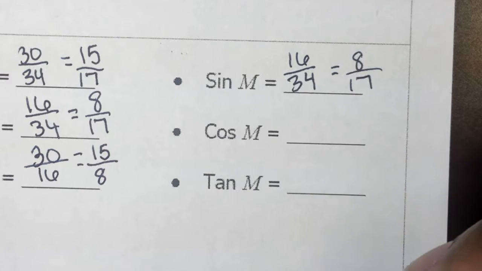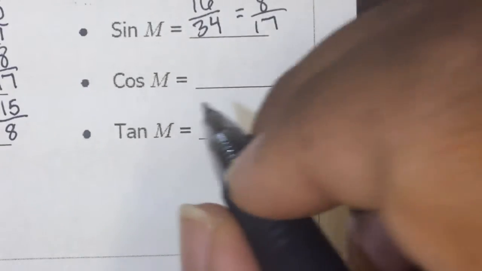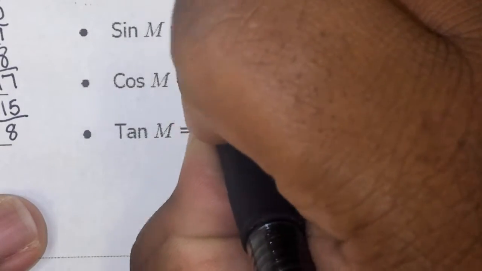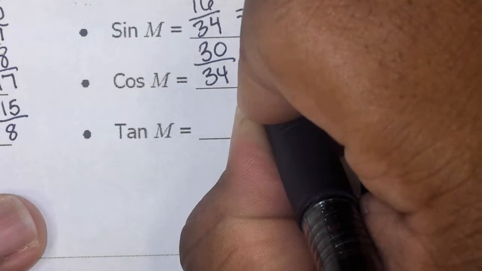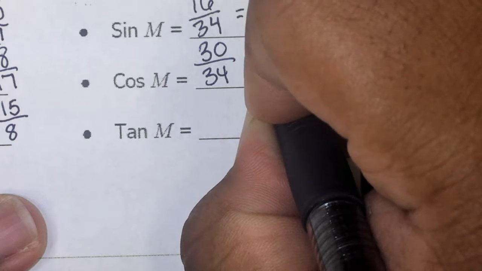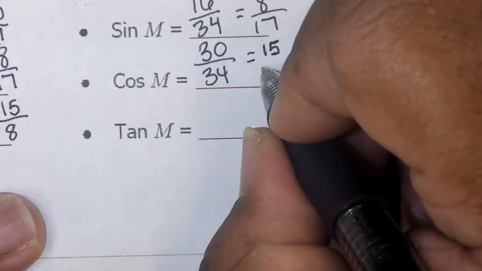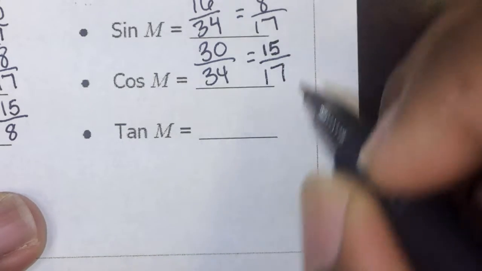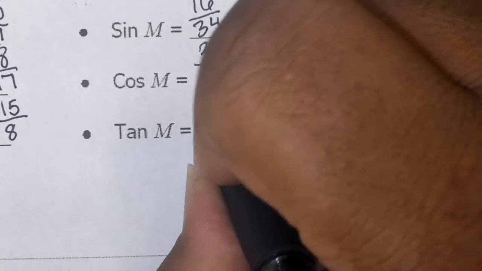Cosine of angle m. 30 over 34. Adjacent and hypotenuse. And be what? 15 over what? Oh, you talking about the last one? Oh, I need to reduce first. You didn't tell me that. Okay. And then tan, you say was what?